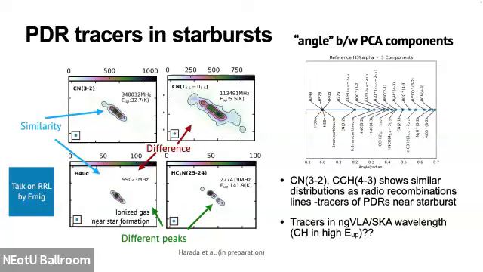But for lower excitation, they only trace extended diffuse regions. So to trace the central starburst, we may have to go to higher excitation PDR tracers, not the lower excitation ones. But unfortunately, ngVLA nor SKA can trace these higher excitation lines, so we may have to look for another tracer.